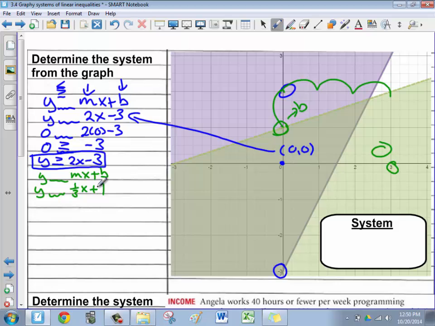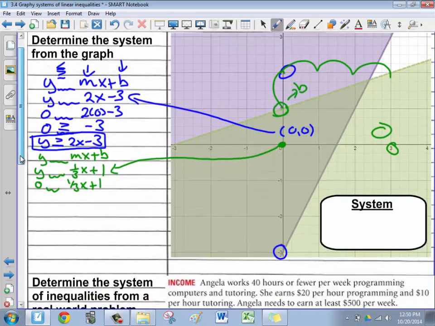Again, I'm going to take the point 0, 0 and plug it into the equation, and we're going to see what happens to tell us where we graph it. So I've got 0 is something 1/3 x plus 1. Oh, I should put the 0 in. I don't know why I didn't do that.